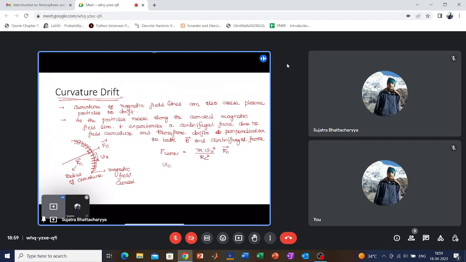Now the curvature drift velocity can be written as this force, m v parallel square by Rc square, by q, the same way, the force per unit charge, that is the electric field, cross B, that is Rc cross B divided by B square. Simple. So this is, again, the drift velocity.